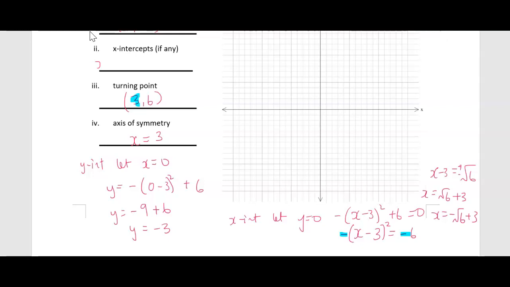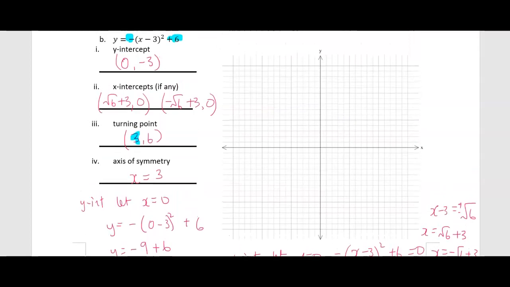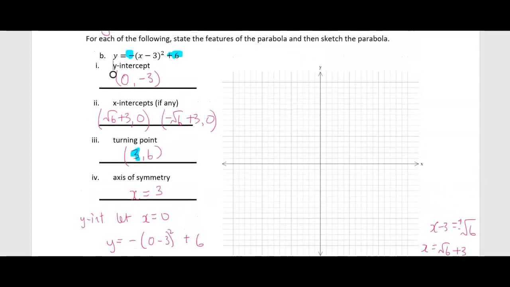So our x-intercepts, I was about to write x. All right, our first point, doesn't matter what order you do it in, (root 6 plus 3, 0). So that's the first coordinate. And then we've got (negative root 6 plus 3, 0). All right, now when you're sketching it, we need to put all those points on.